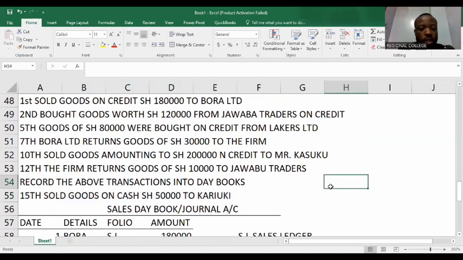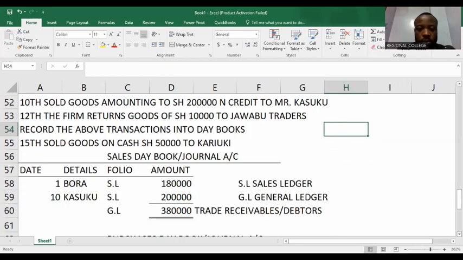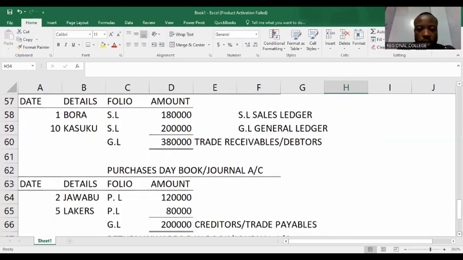So that question can also come in that scenario. So you have to know what you are supposed to record in your journal books. So that is how you can try to do that one.